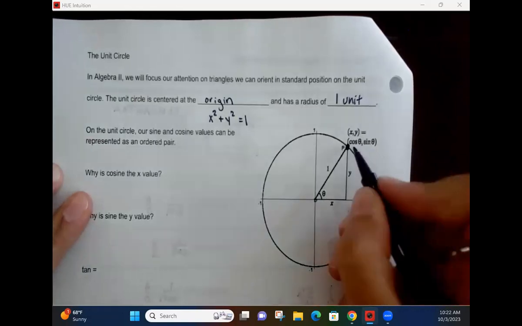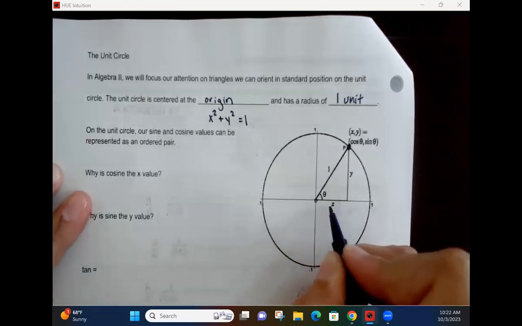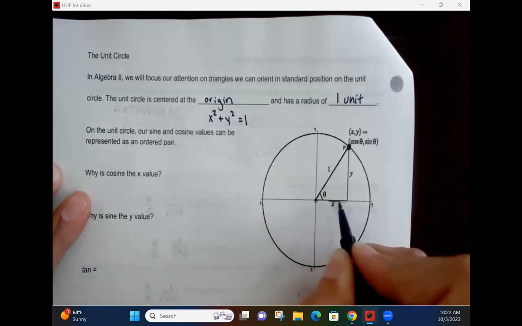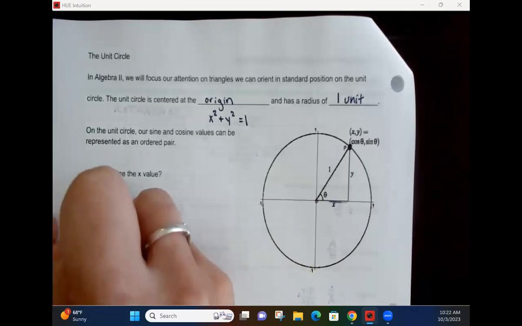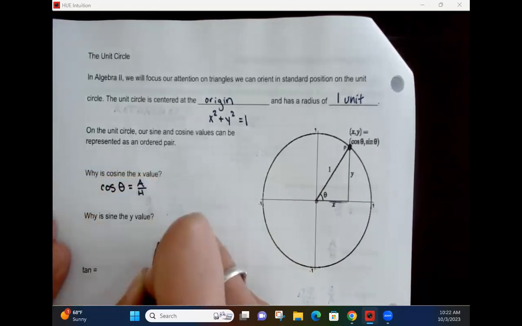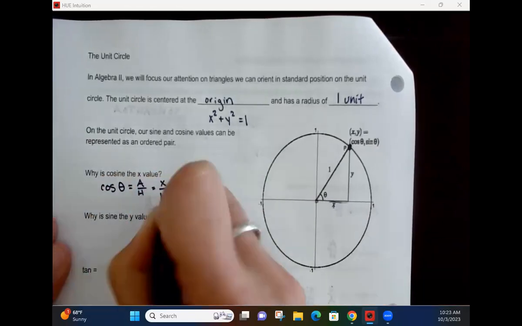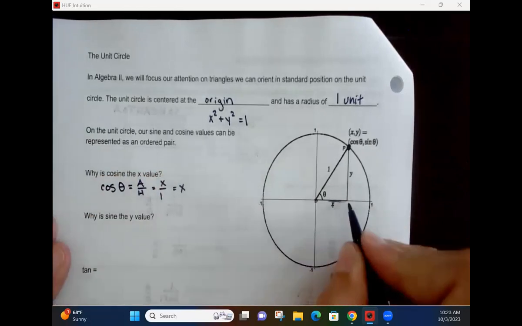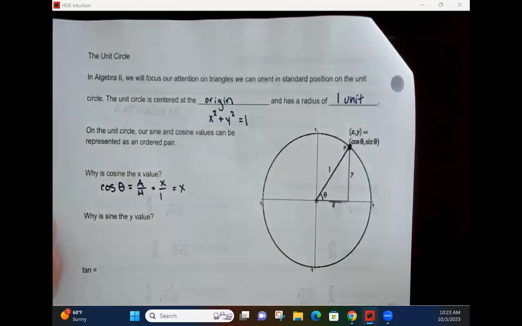The cosine value would correspond with that adjacent side. Well, that's how far on the x that we went, right? Since cosine of that angle is the adjacent over the hypotenuse, in this case, x over 1, that's just x. That's just my x coordinate for the point at the end of my radius.